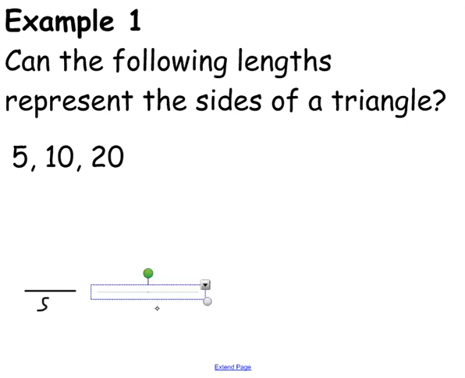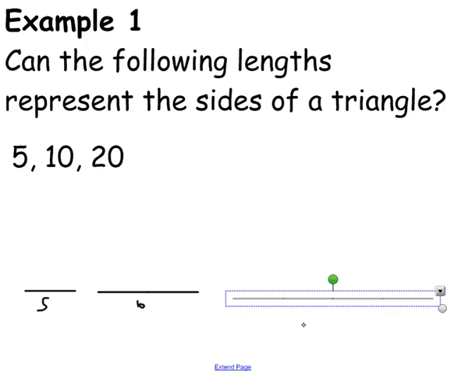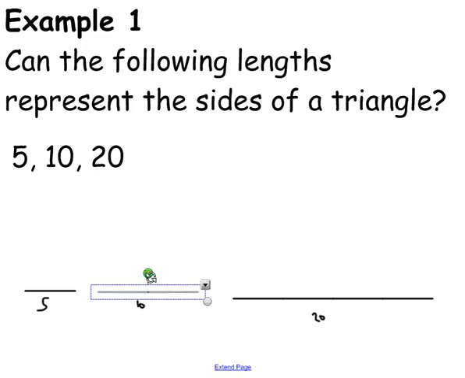We have another line segment that's 10 units long. And then we have another line segment that is 20 units long. And what this question is asking is if you can form a triangle with these 3 line segments. So let's go ahead and try it.